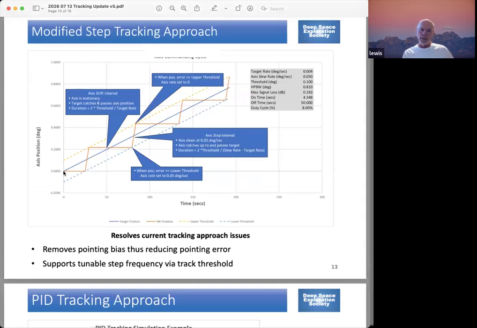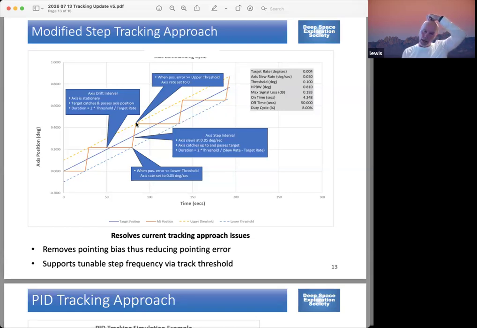This is plotted in the same manner. And the primary difference is that when we step the mount, we step it all the way over to the opposite threshold and then let it drift. So what happens is that's a longer drift, and thus we have to do the steps less frequently.